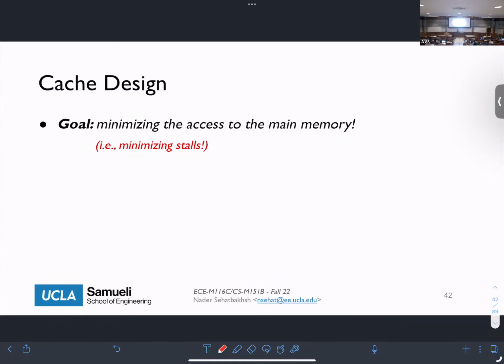Remember, we cannot completely eliminate the need for reading from disk or from the main memory, just because the amount of data that you want to read is big. If the amount of data that you want to read is bigger than the size of the cache, then theoretically you need to go to your main memory, right? The main memory is there for you to read things. If you don't want your main memory, then there's no point in having it.